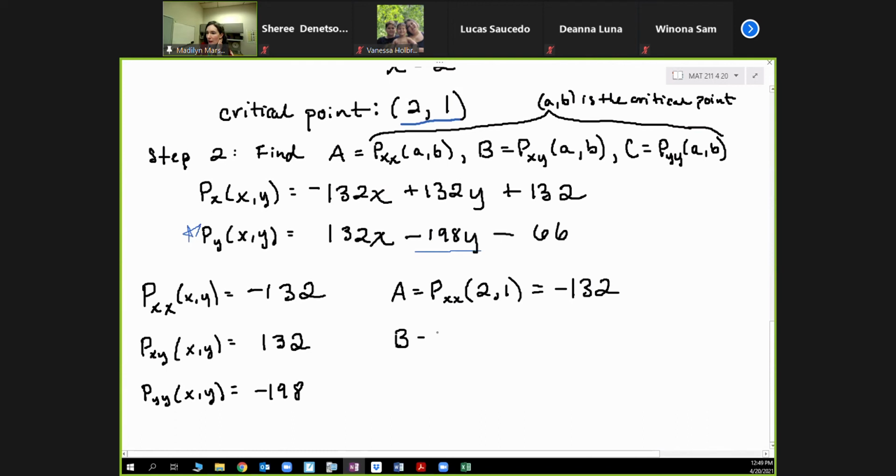B is the partial of x then y, plugging in 2, 1, but we just get 132. And C is going to be our partial of y twice with 2, 1 plugged in. And that's just negative 198. So if we did have x's and y's in those second order partial derivatives, we would have to plug in the 2 and the 1, but we don't.